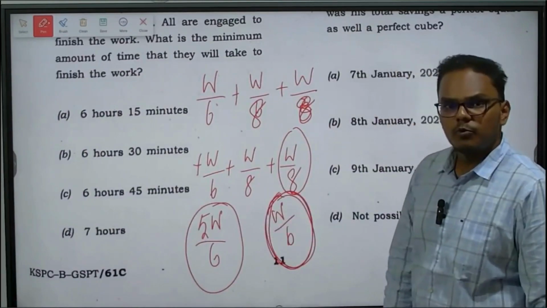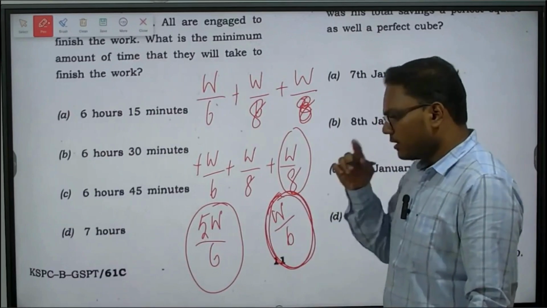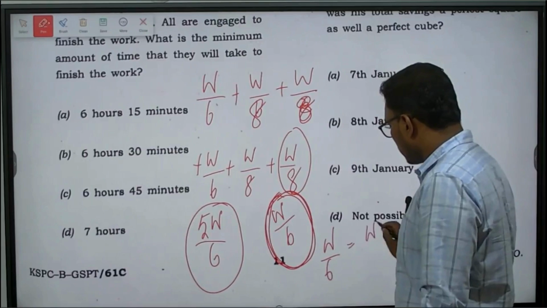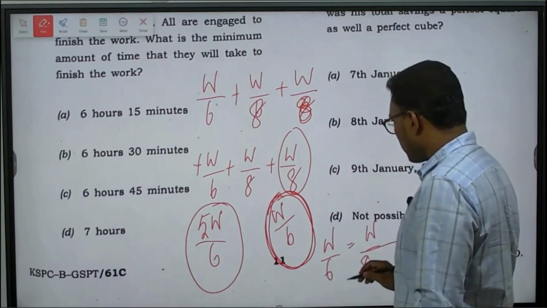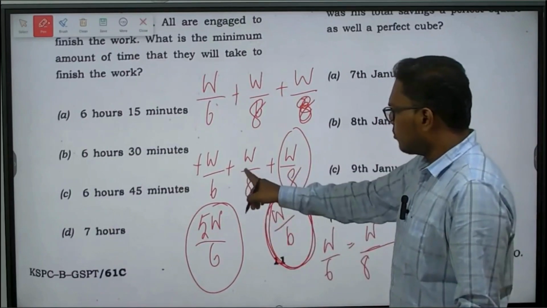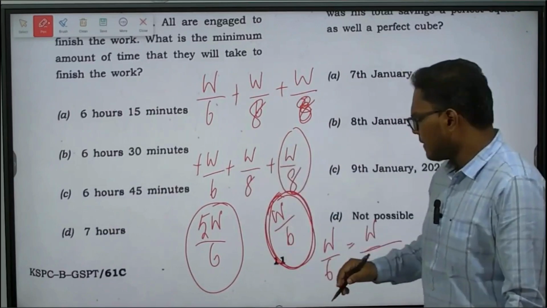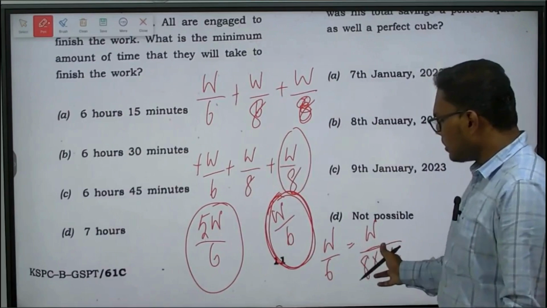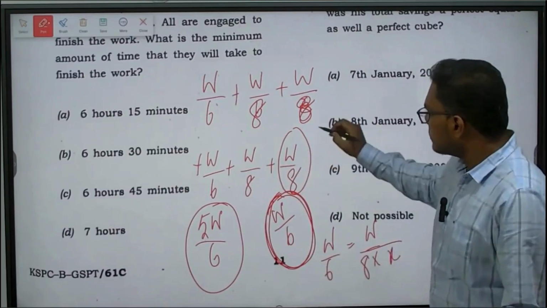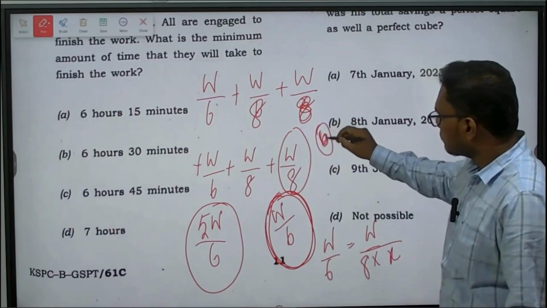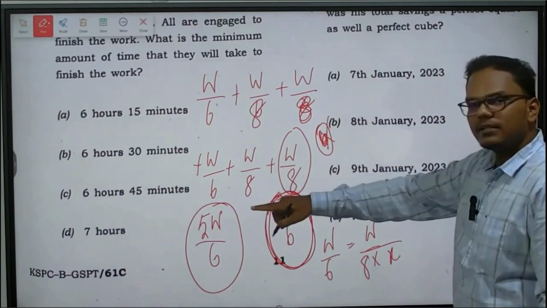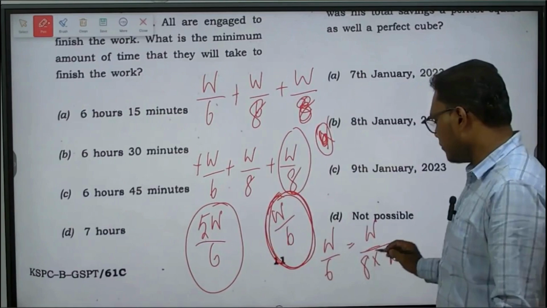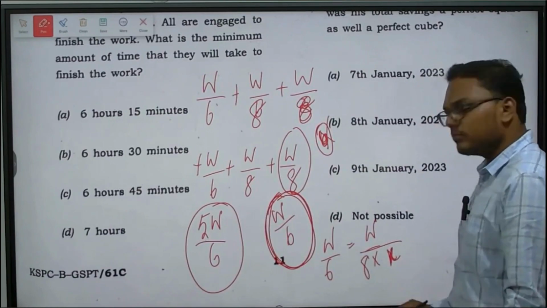Now you have W by 6 work that is left. This W by 6 should be done by X for some amount of time, because then only, this 6 is sealed. So the remaining W by 6 of the work should be multiplied by some time.